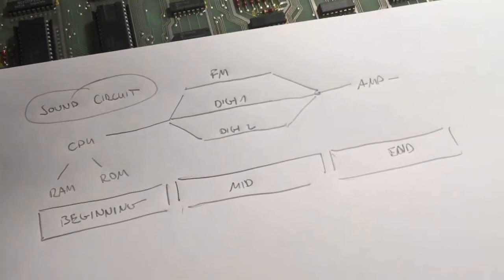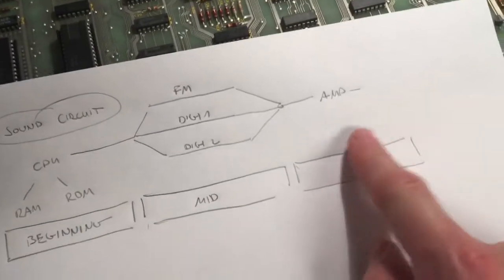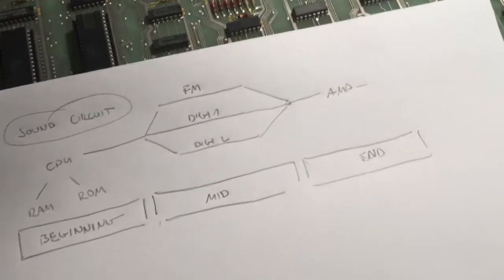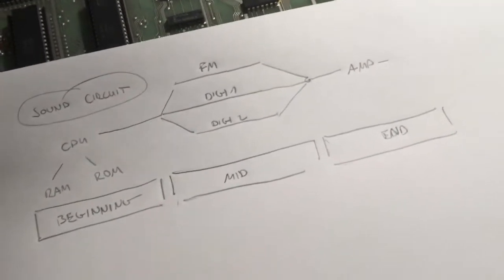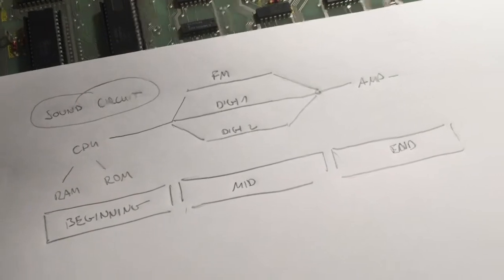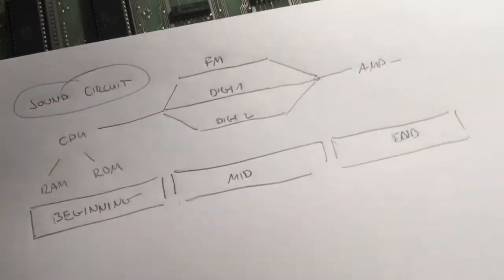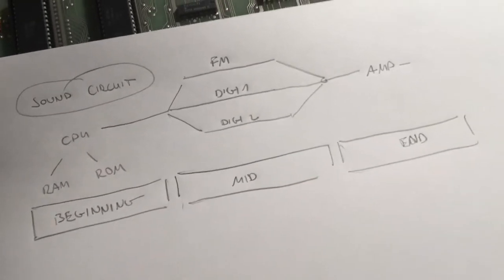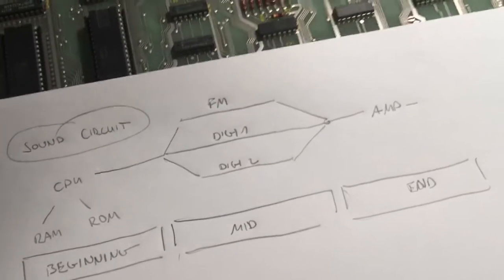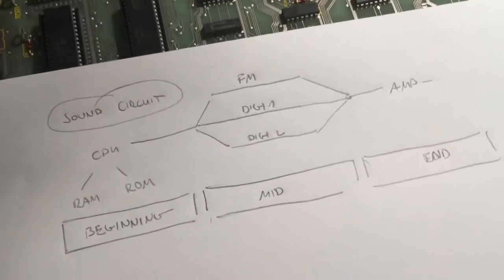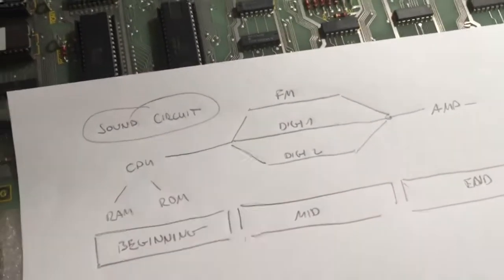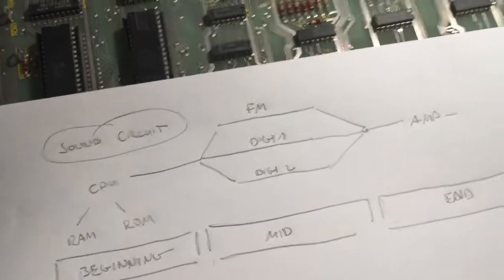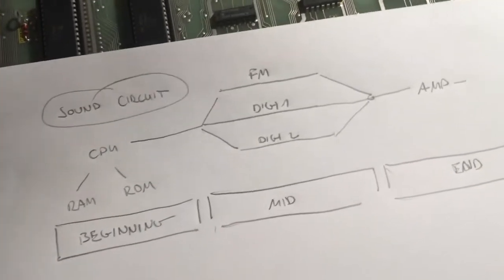With a sound circuit it's pretty easy to explain. At the end of the sound circuitry you will probably find something like an amplifier. The amplifier is the component that takes all the sound data and amplifies it so it can be output on a speaker. And everything that is being calculated in the sound circuit is in the end being led to the amplifier to be output.